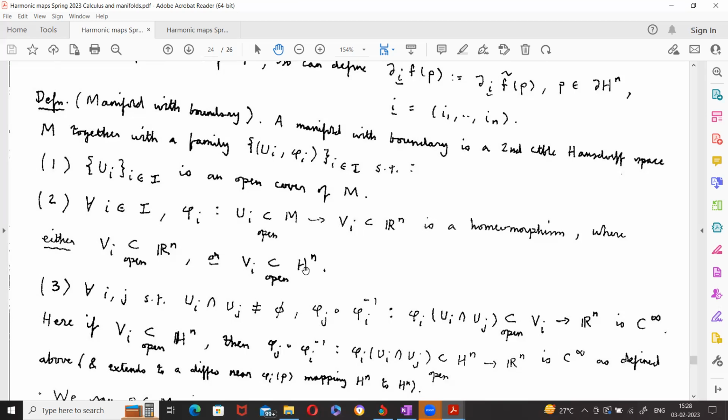That's the only difference so far with the definition of a smooth manifold: your image in Rn is either open in Rn or open in Hn.